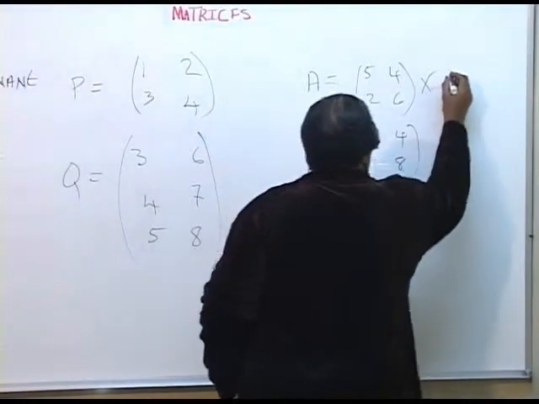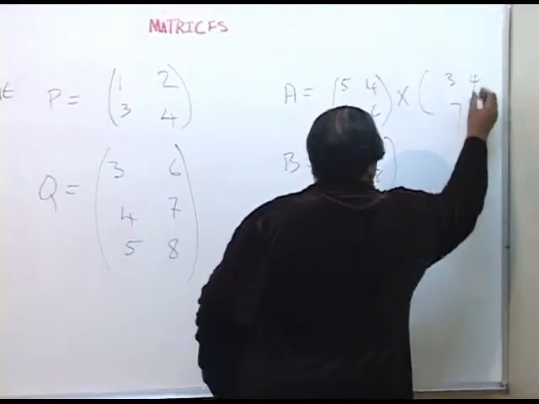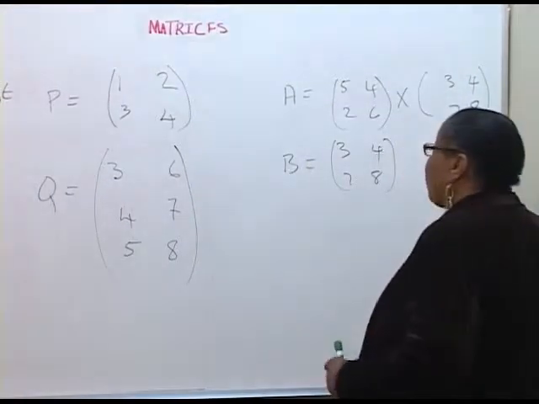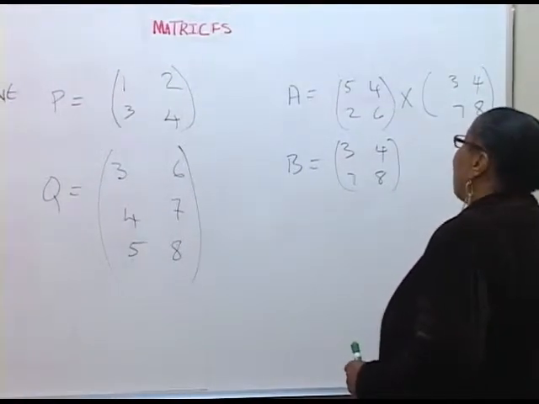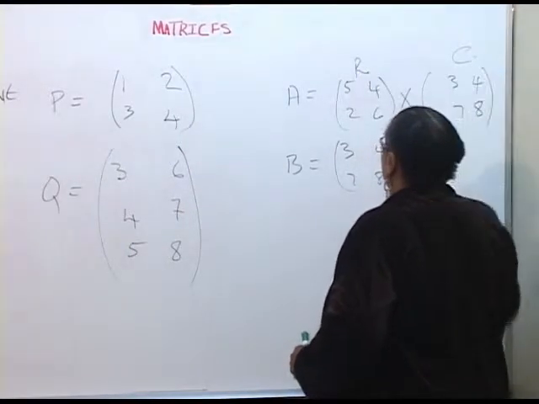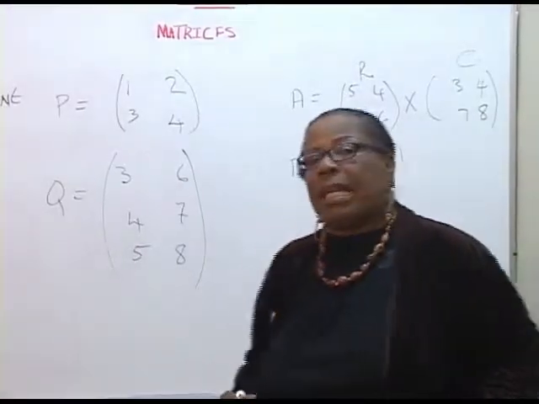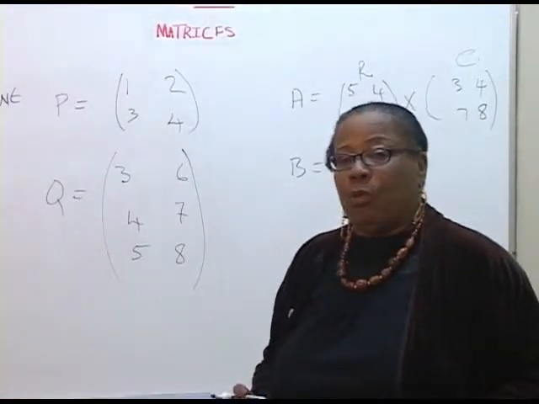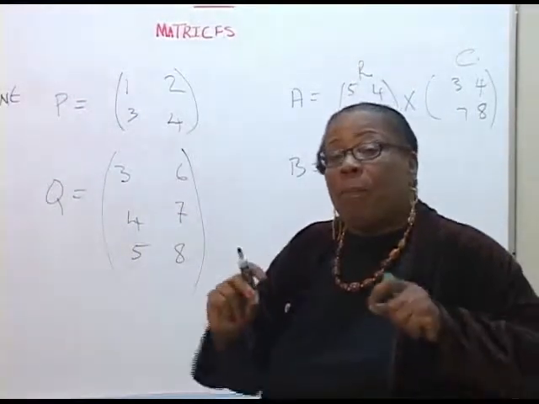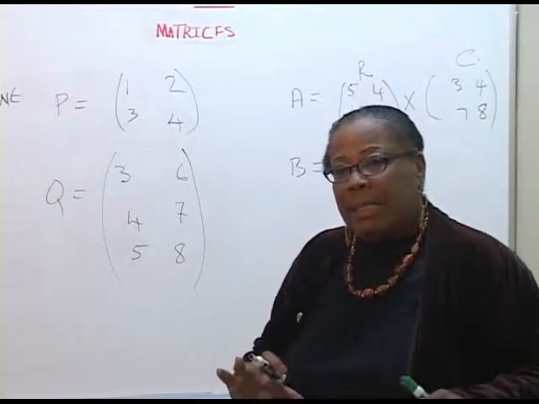We have a perfect case where the first matrix gives us rows and the second the columns. We also spoke about the order of a matrix, and we said the order must have the same amount of rows as columns for the multiplication to take place.